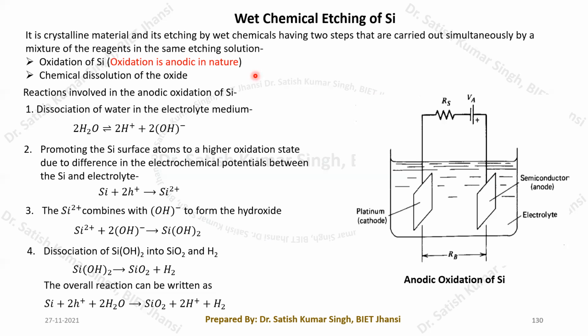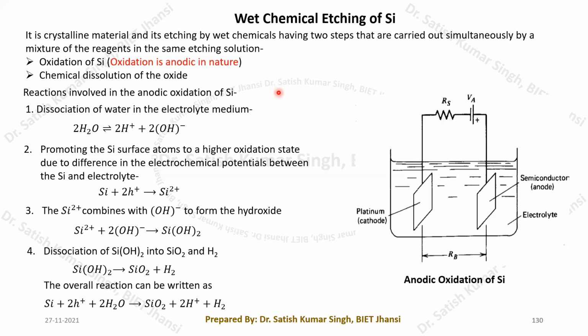You remember that in the case of wet chemical etching, we generally do not go for the thermal oxidation process. Here, the oxidation that we have to perform is anodic in nature. It is an anodic oxidation, anodization we have to perform. There are many methods of doing oxidation.